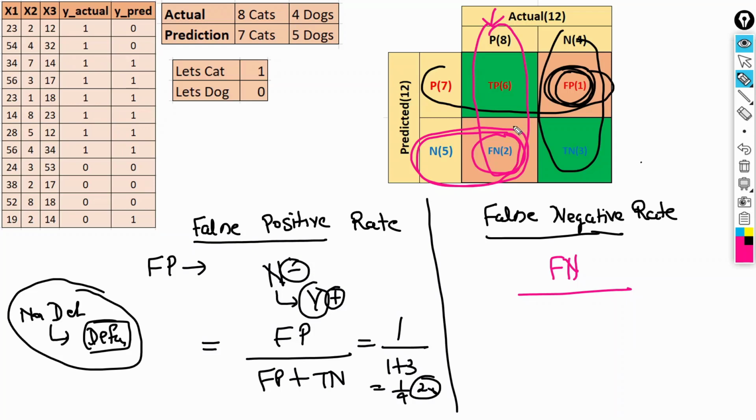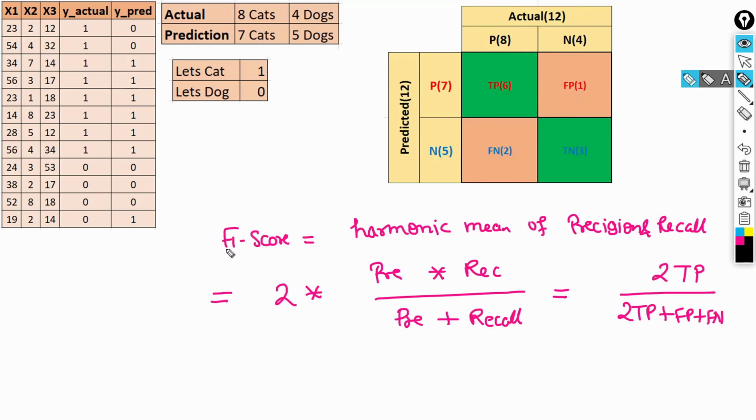Which class is it misclassifying? Positive classes. So we can say FN plus TP. That is the misclassification of the positive classes: 6 divided by 6 plus 2, 6 by 8. This is the false negative rate.